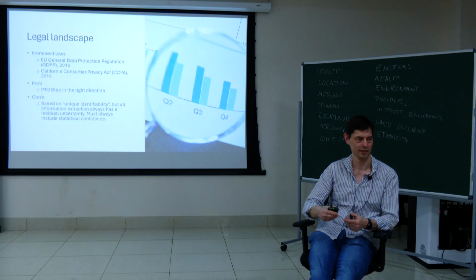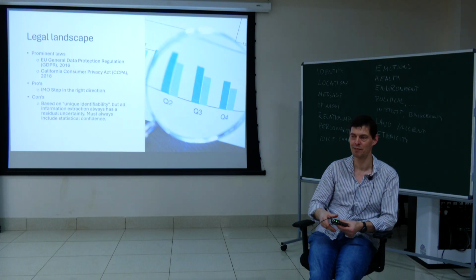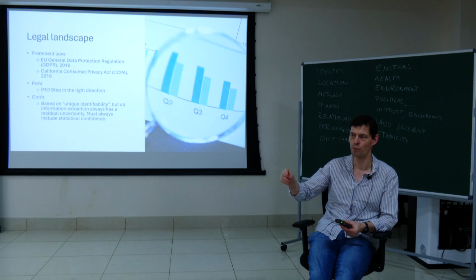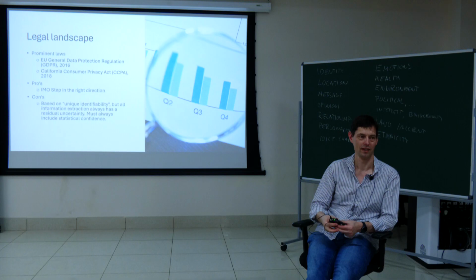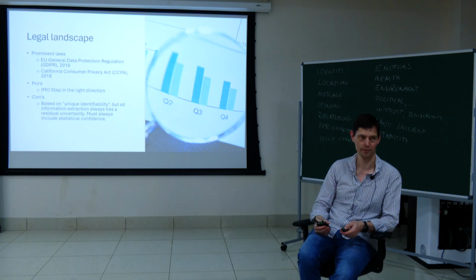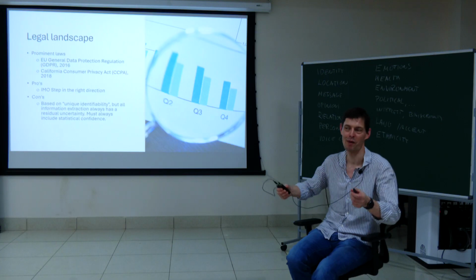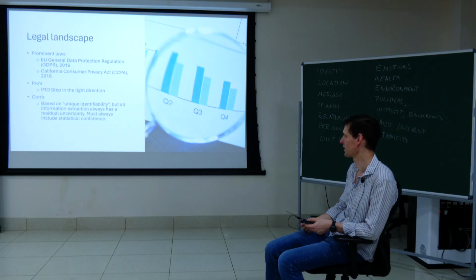So that is some percentage remaining, but it's so small that we can ignore it. That is the only legal framework I know of which somehow takes the uncertainty into account. But I'm not a lawyer, so probably there are other systems which take it into account.